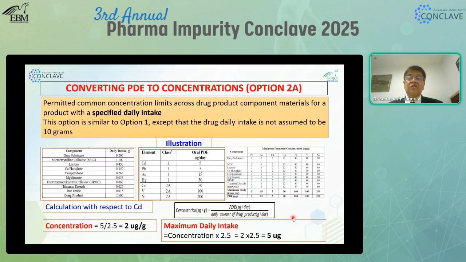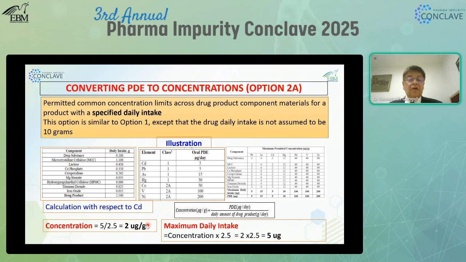Now, what is option 2A? Option 2A has only one difference: do not consider the 10 gram maximum daily dose; put in the actual specific daily intake. In this case, the same example from ICH Q3D, 2.5 grams. Focusing on cadmium, you have to divide 5 by 2.5.